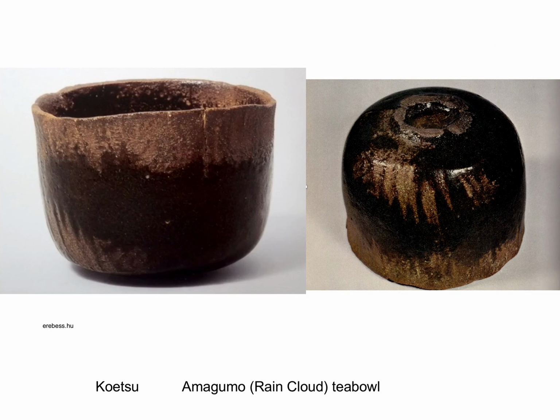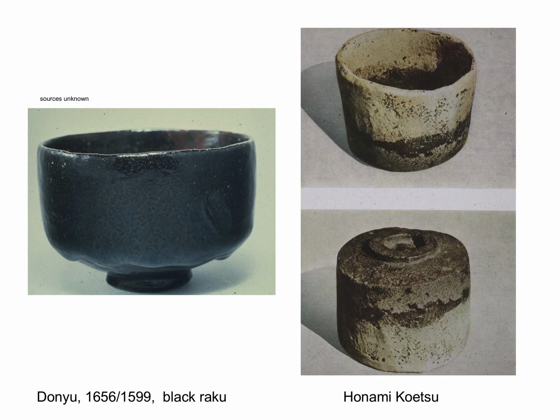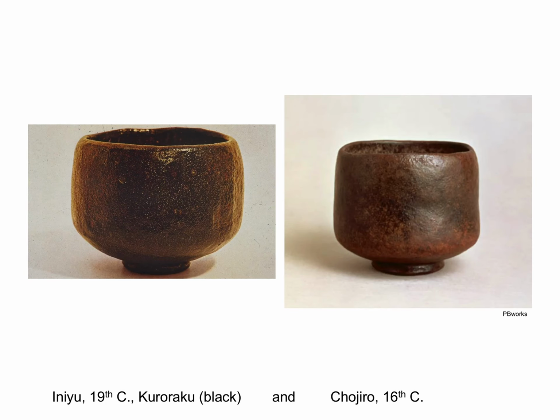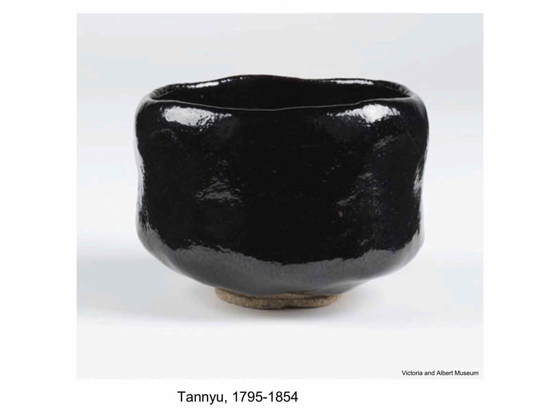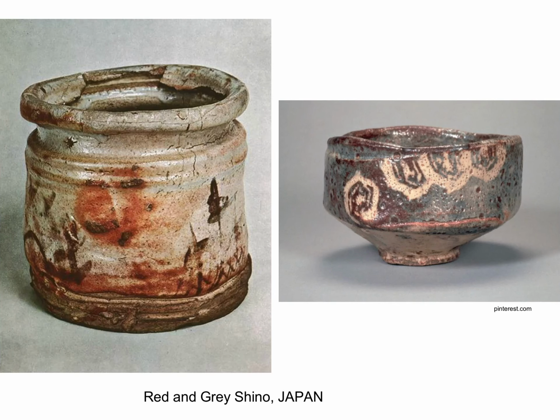Other examples of Koetsu tea bowls and followers like Donyu with the black raku ware from around the 16th century as well, Ichinyu and Shojiro in the 16th century and 19th century, Tanyu, and so on and so forth.